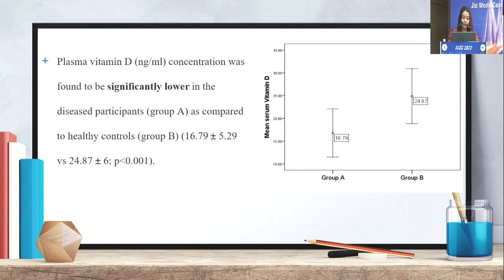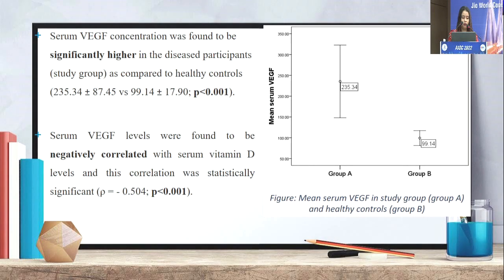As we can see in this chart, group A was 16.79 and group B was 24.87. Serum VEGF was found to be significantly higher in disease participants, being 235, as compared to healthy controls, 99.14. Serum VEGF was negatively correlated with the serum vitamin D level, and this correlation was statistically significant.